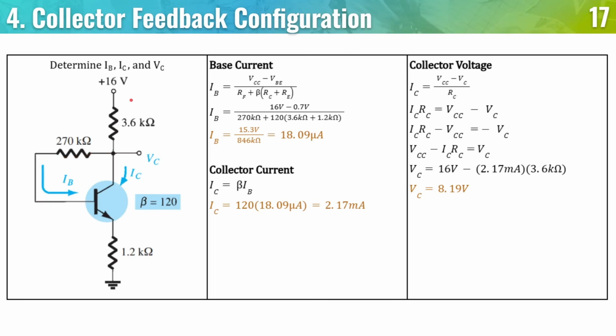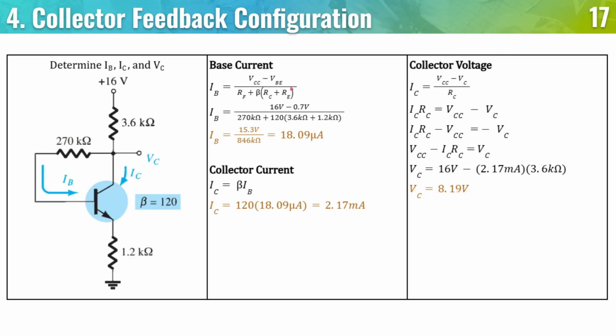You also need to add the resistances of RC and RE as seen from the base. Again, we are computing for the base. So RC and RE must have a beta term. We do not use beta plus 1 based on the derivation of this formula from KVL.